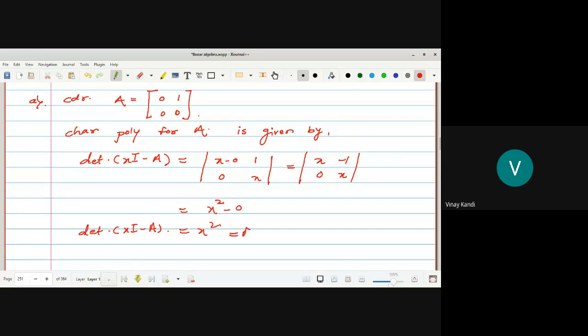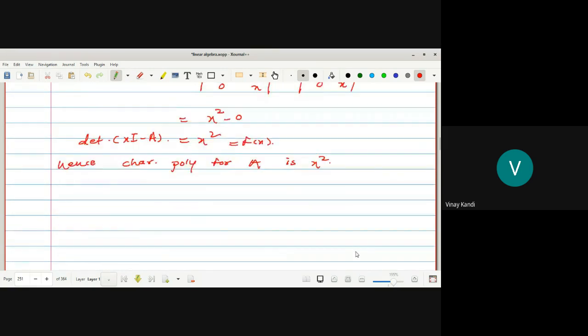Hence, the characteristic polynomial for A is x squared. So this implies 0 is the only characteristic value of A, with algebraic multiplicity 2.